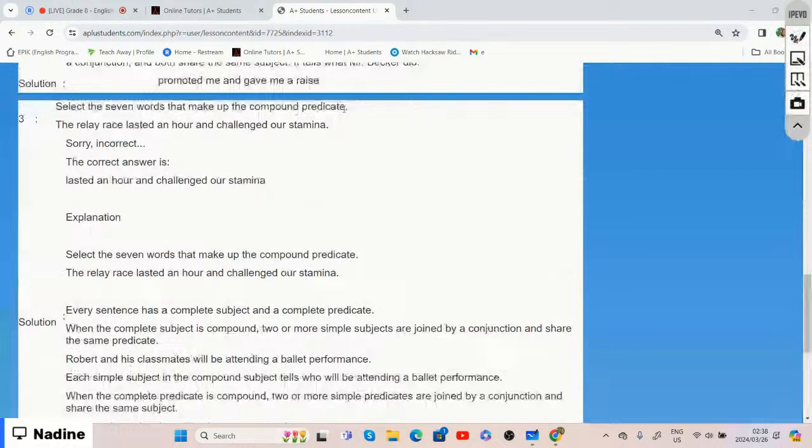The relay race lasted an hour and challenged our stamina. So we need to select the 7 words that make up the compound predicate.